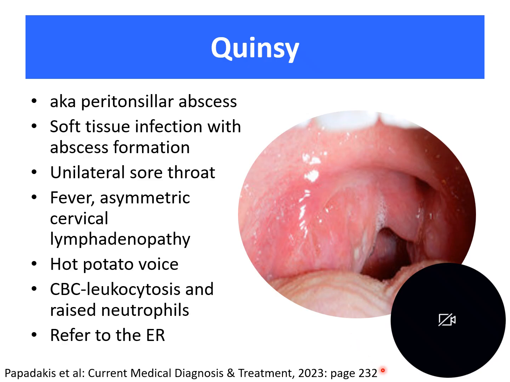If you were to look at the back of the throat, you're going to see only one tonsil involved, not the other tonsil. And that swollen tonsil is going to push the uvula, which I'm indicating with the laser pointer here, to the other side.